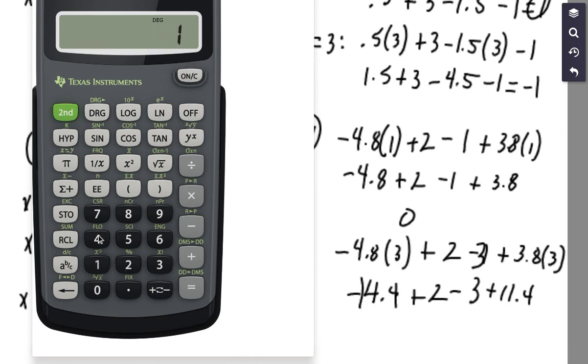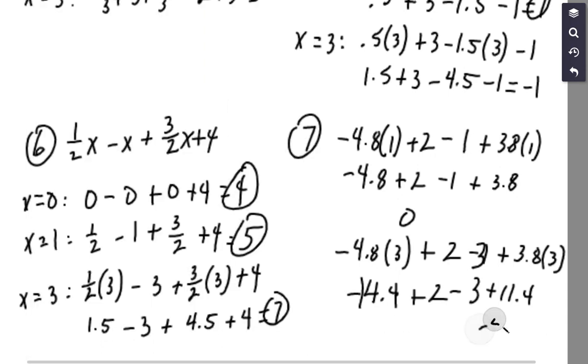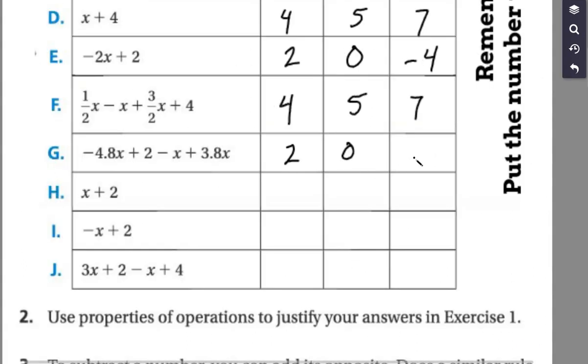So that's going to be 14.4, which is a negative value, plus 2 minus 3 plus 11.4. So that's going to give us a negative 4 for that value. So if we come back over here, we'll put in negative 4 right there.